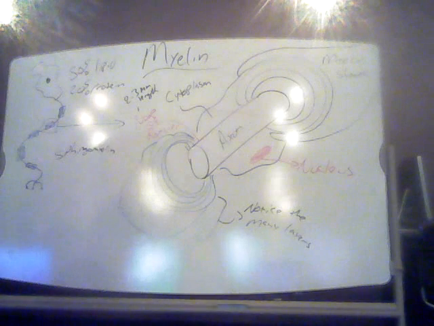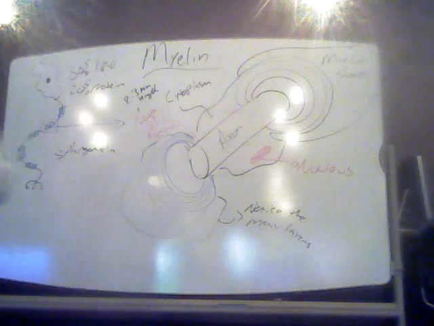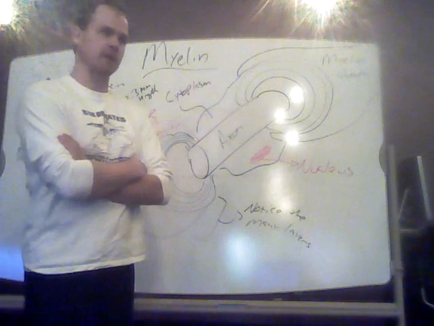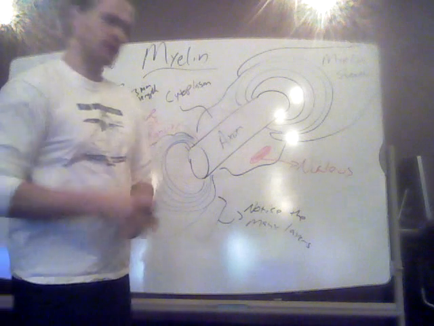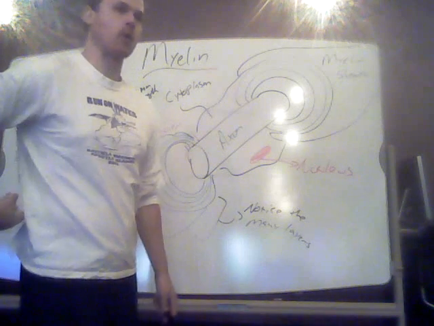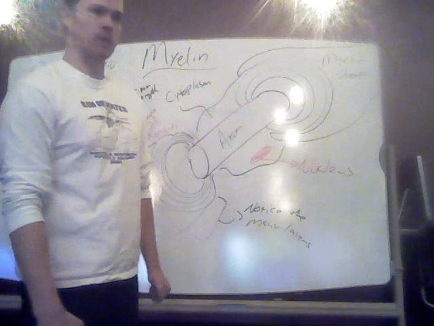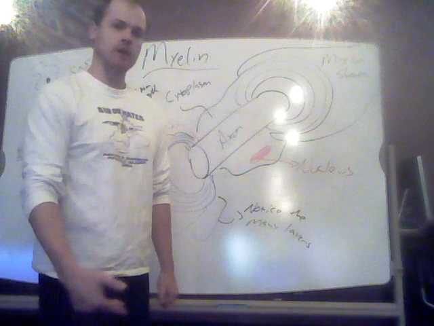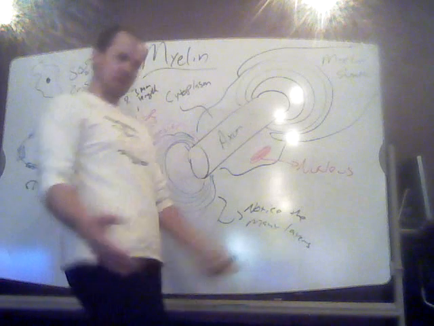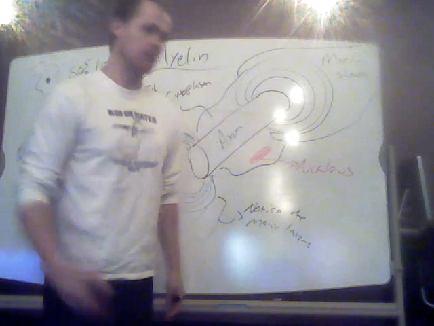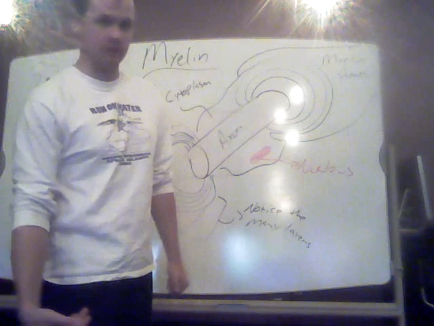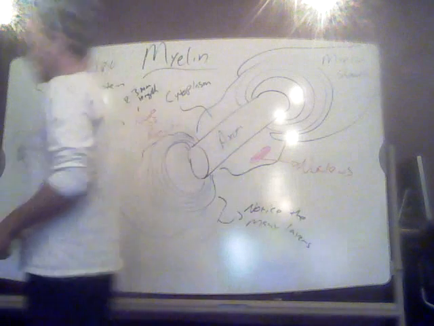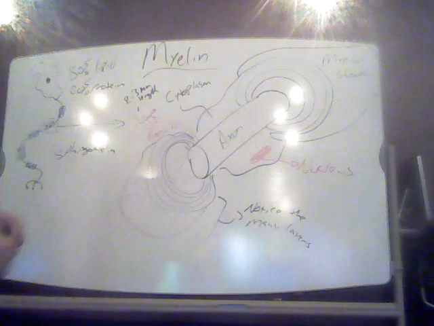For example, if I need to get an impulse from my spinal cord all the way down to the flexors or extensors of my leg and my foot, to pull away from a piece of glass I just stepped on, we have to send that impulse as quickly as possible. So that's the importance of myelin: it increases the conduction velocity of action potentials.